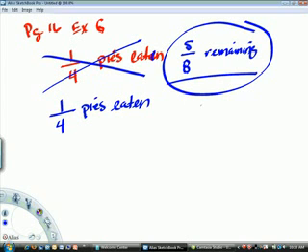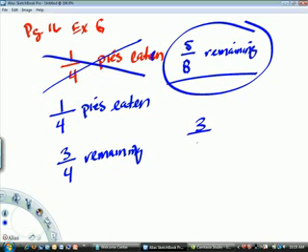Now, the key word is remaining pies. So, how many were remaining after the first trip through the line? 3/4, right? If 1/4 is gone, 3/4 is remaining after the first trip. Okay, then 5/8 of the remaining pies were eaten by the time the caterer picked up to leave. So 3/4 of the pies are left minus 5/8.